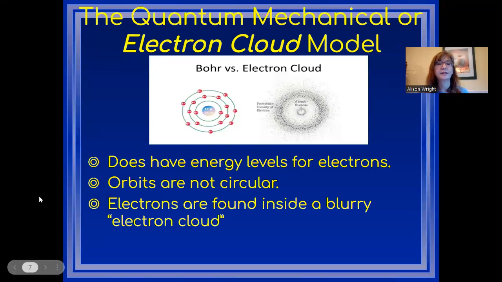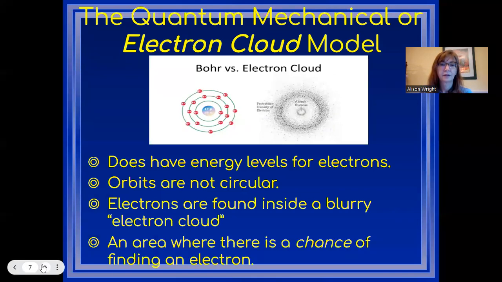In the electron cloud model, the electrons are found inside a blurry electron cloud. The electron cloud is an area where there is a chance of finding an electron. I'm sorry if you can't quite see that at the bottom there, but that's what it says. What this does not mean is that the electron cloud is chock-a-block full of electrons, all electrons all the time.